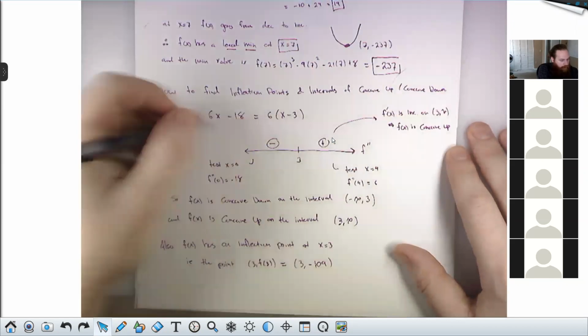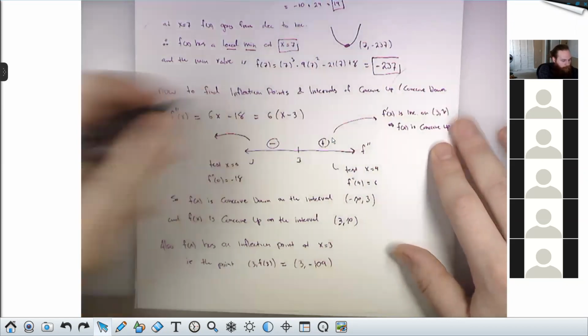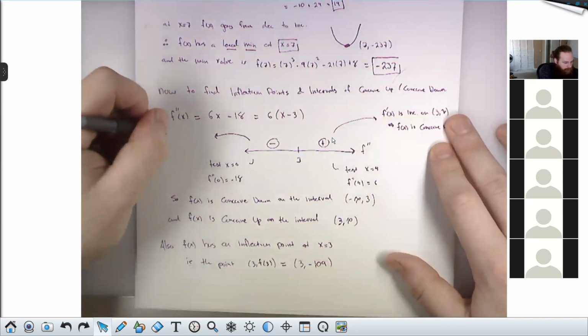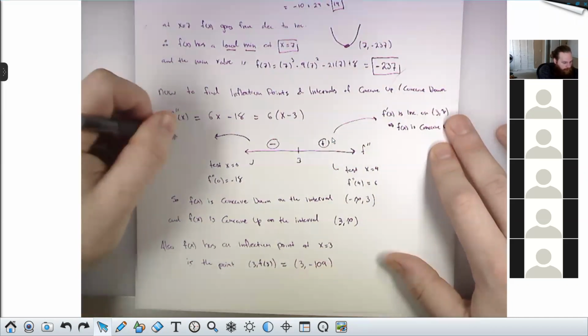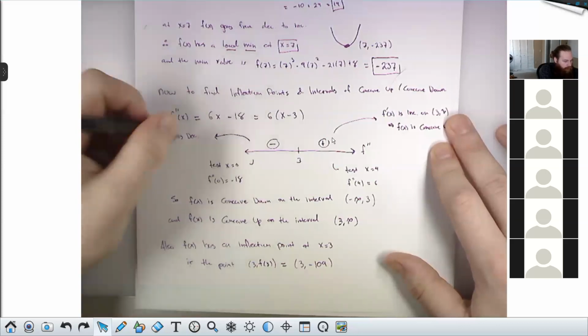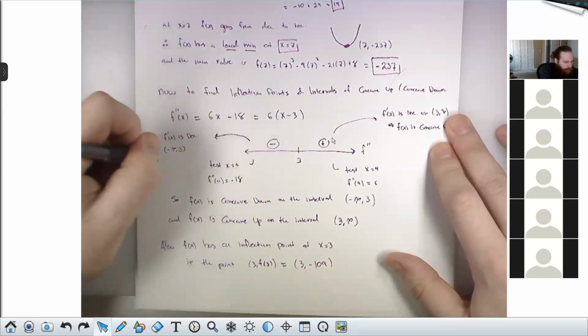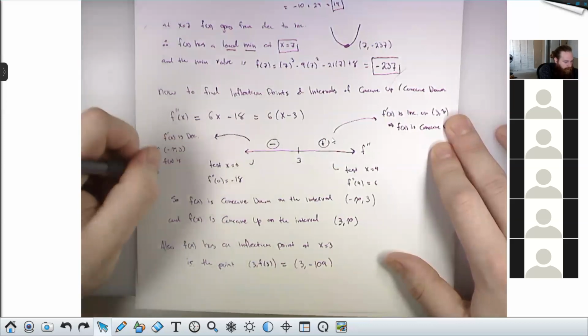And f double prime being negative over here means that f prime is decreasing on that interval, which is negative infinity to 3, and that implies f is concave down.